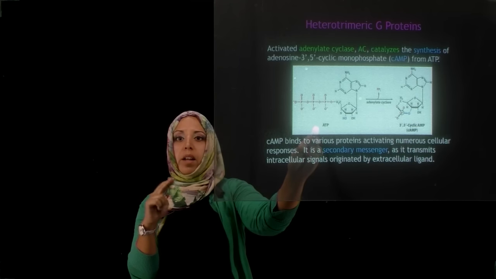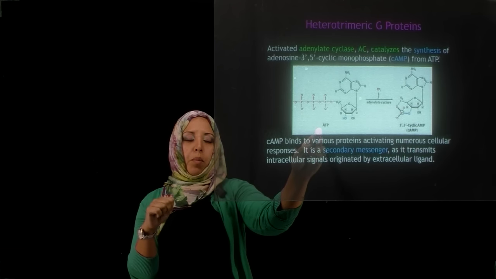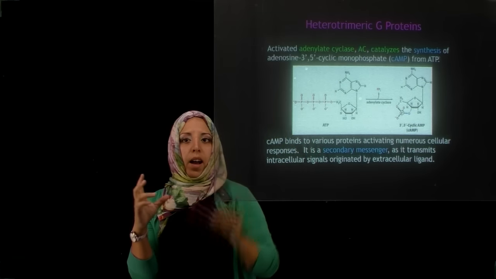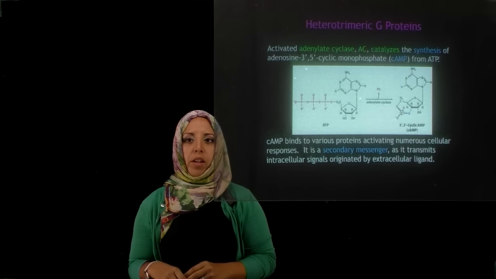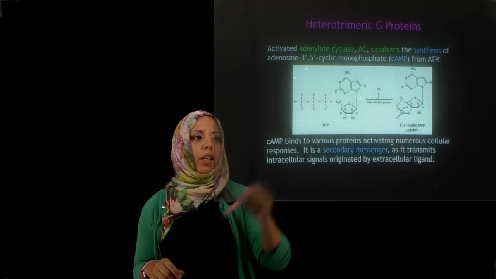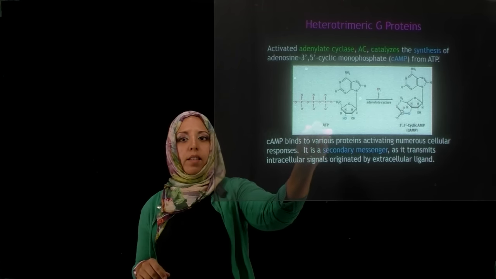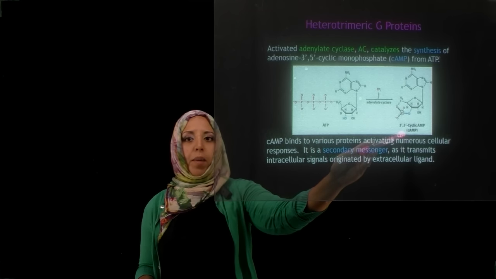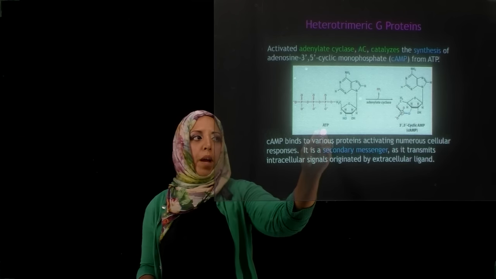It specifically binds 4 different ATP molecules, and once adenylate cyclase is activated by one of the subunits of a heterotrimeric G protein, it will catalyze the synthesis of a secondary messenger, cyclic AMP, from ATP.